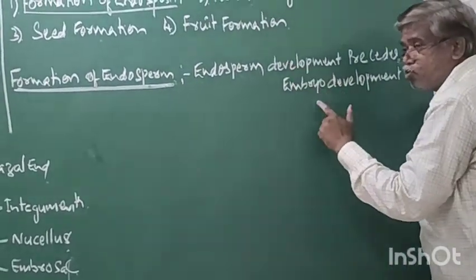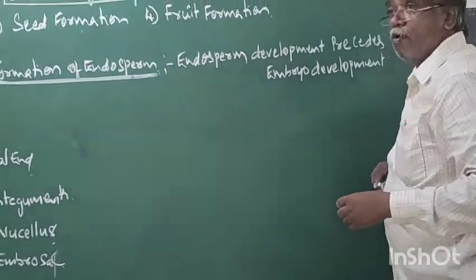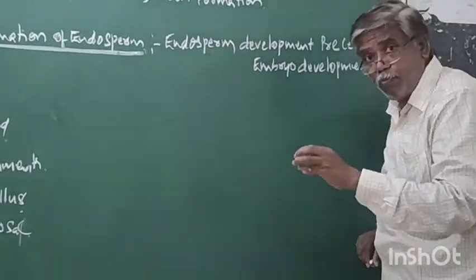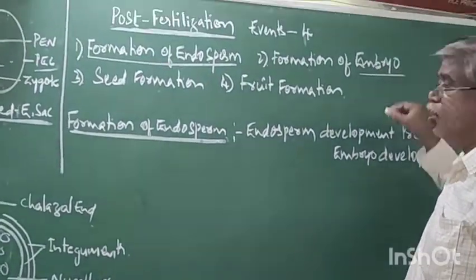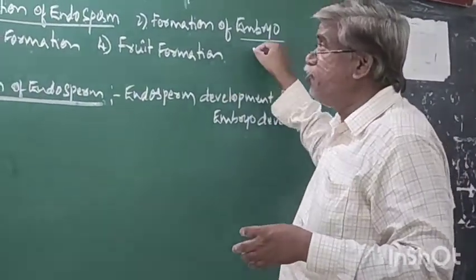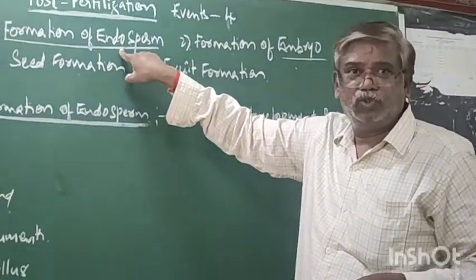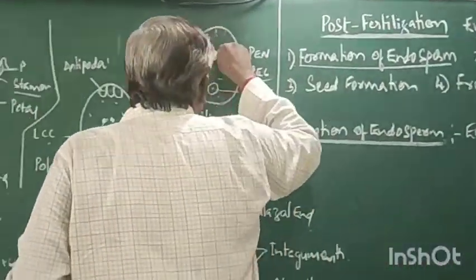That means among these 2, which is the first development? Endosperm. Why is endosperm development first? Because the embryo requires food, and that food is endosperm. This endosperm is formed from the sperm.